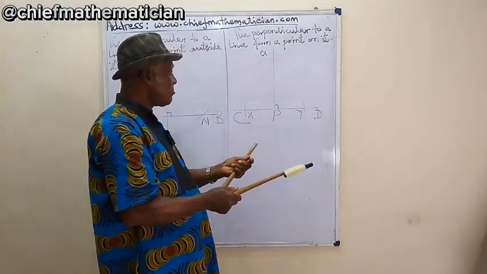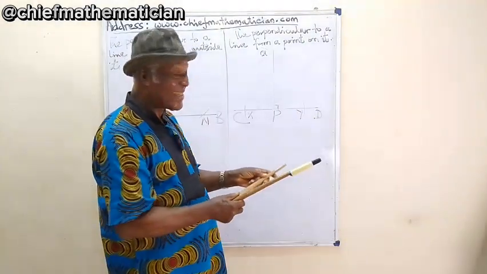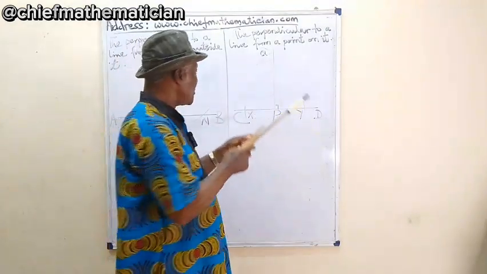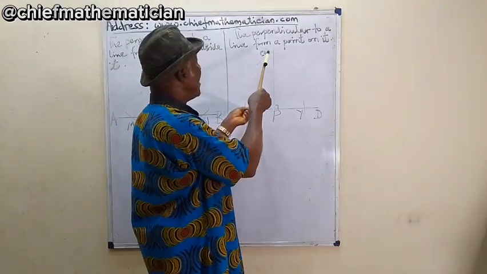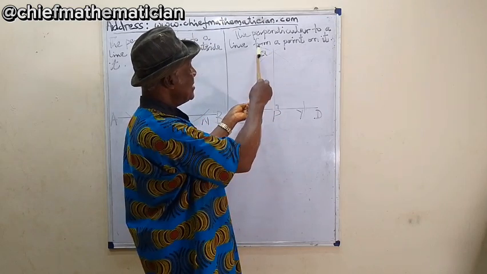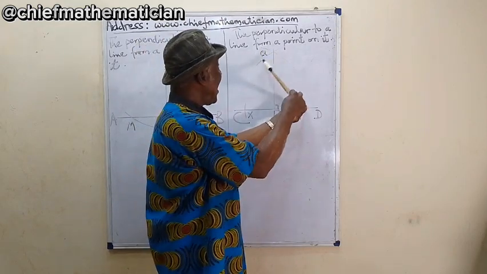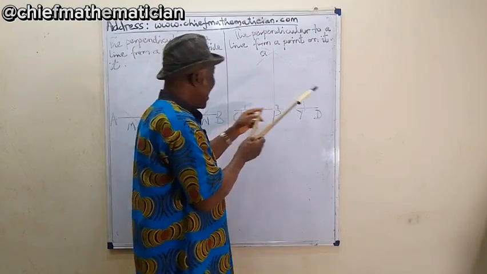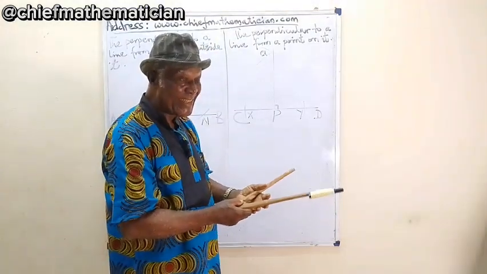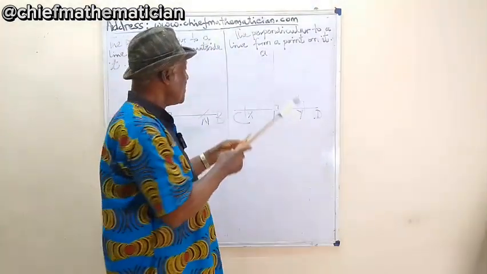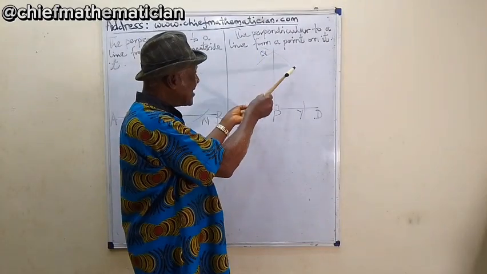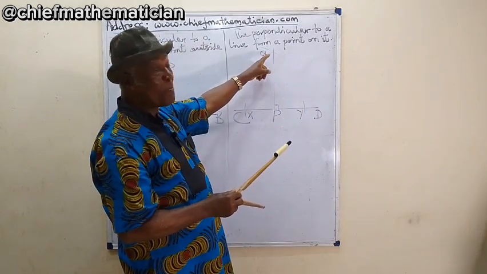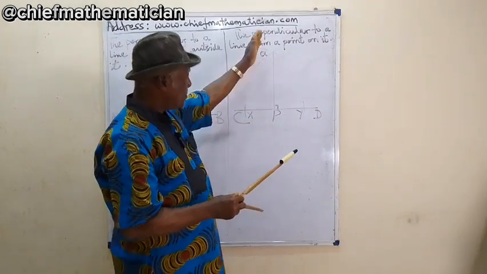Now, using X and Y as centers and another convenient radius, we describe two arcs to cut each other at the point Q. Join PQ.